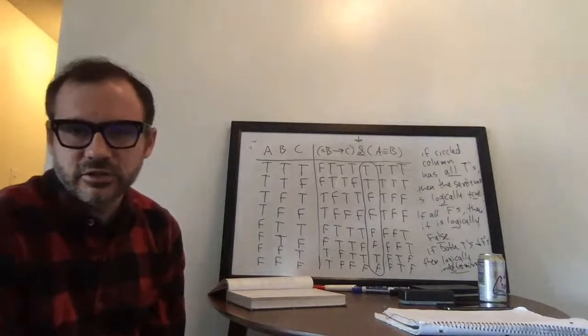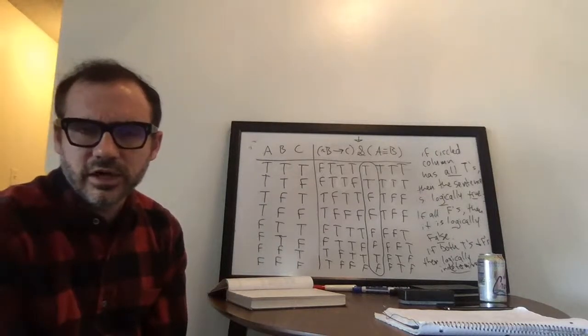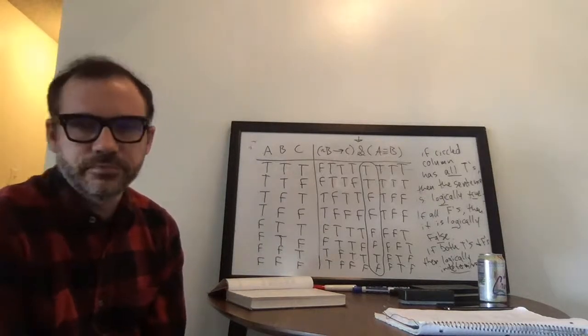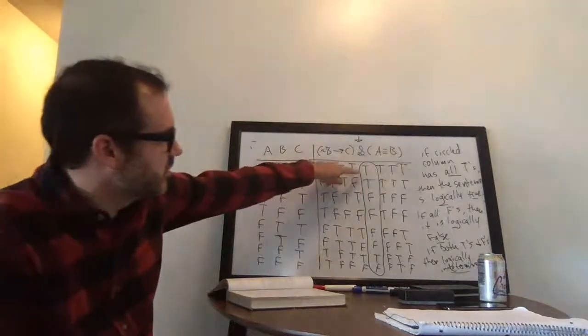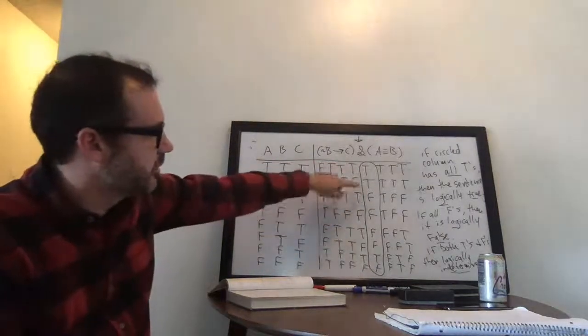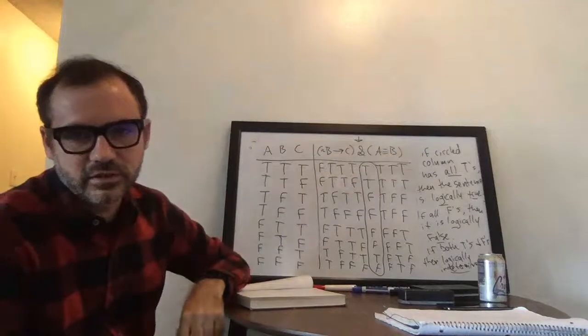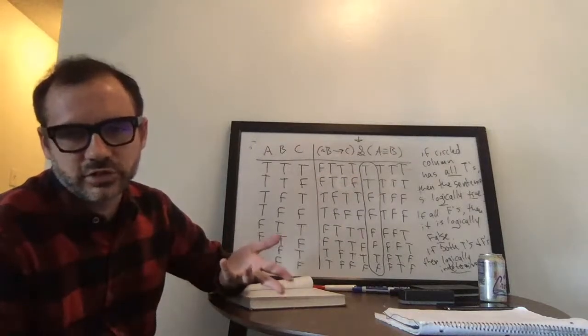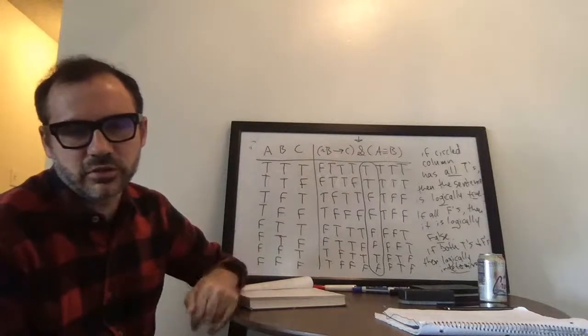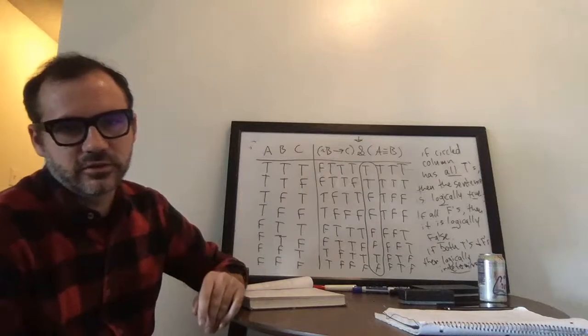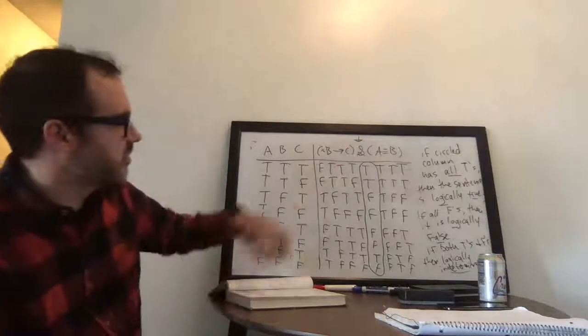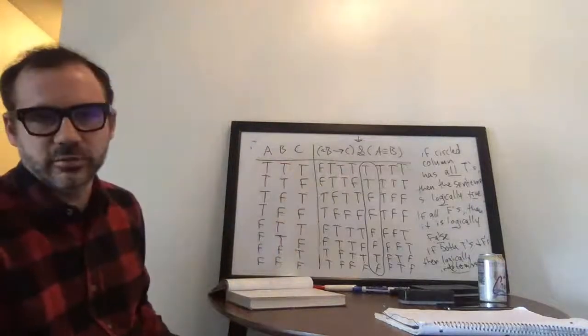It's logically indeterminate, correct, Lily? And why is that the right answer? Because as you examine this circled column, there's a combination of T's and F's. So if it was logically true, they would all be T. If it was logically false, they would all be F. Since there are some T's and some F's, it is thus a logically indeterminate statement.